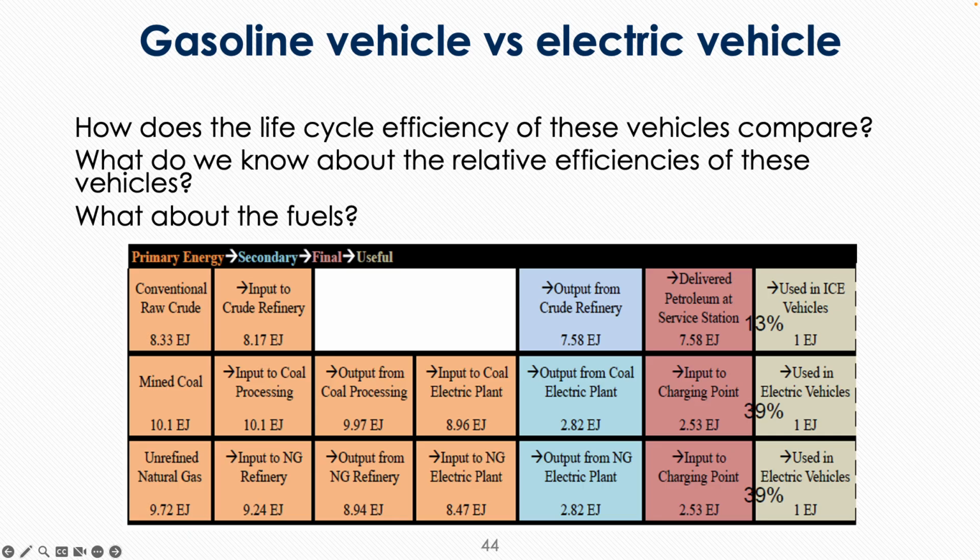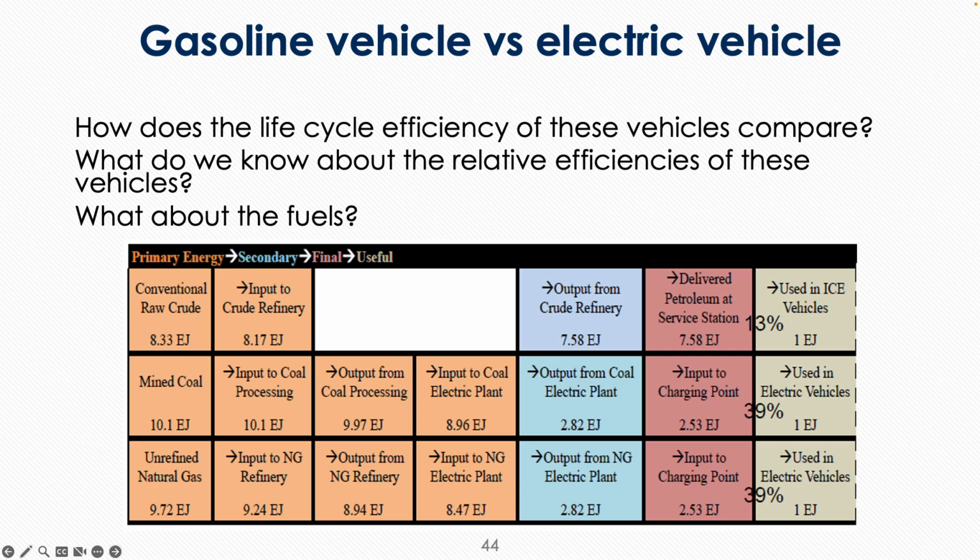And it just so happens that that's happening outside of the engine, right? And so that's the point at which you get the most losses. We see that here, 8.96 to 2.82. That point is outside of the car, and so we don't count that, right?